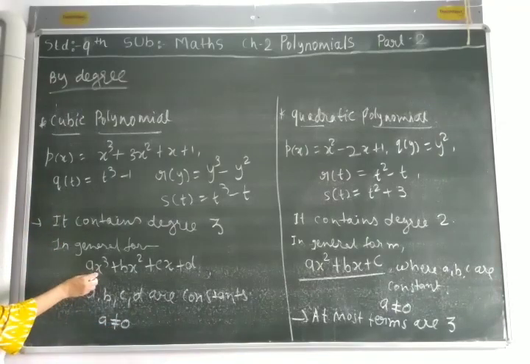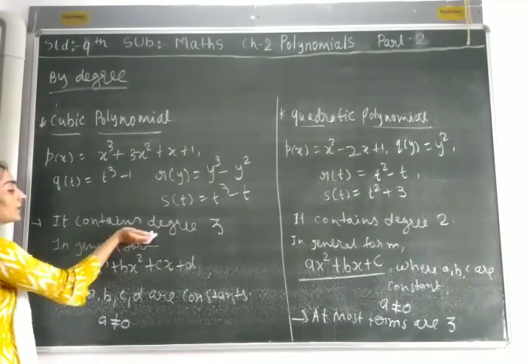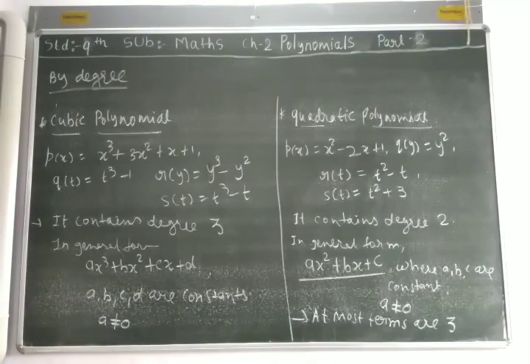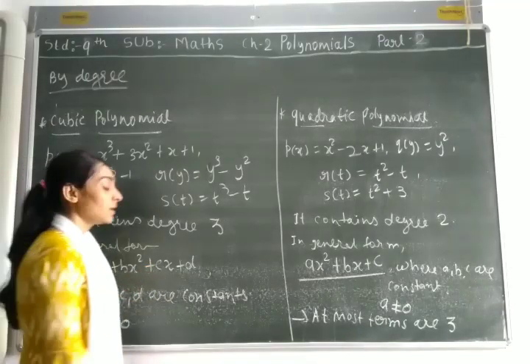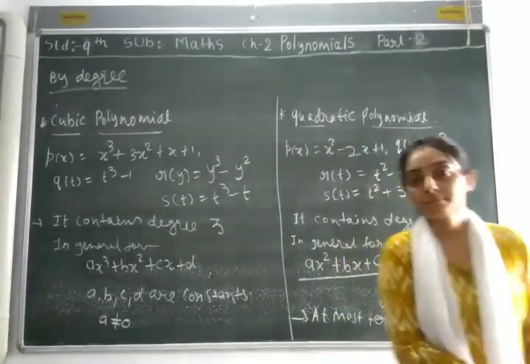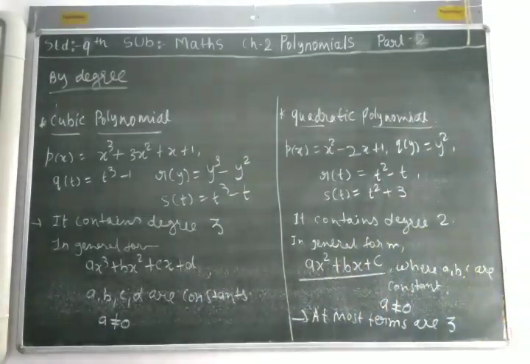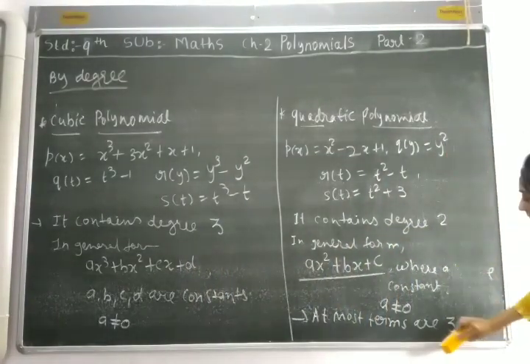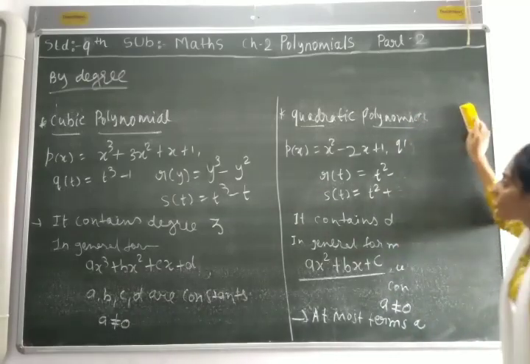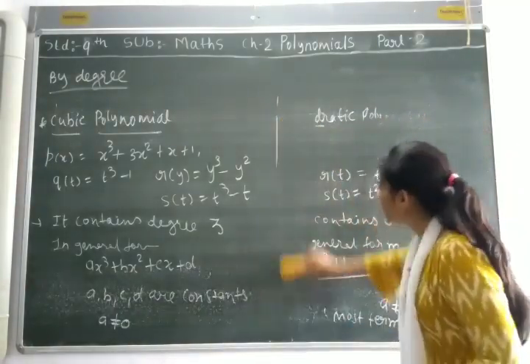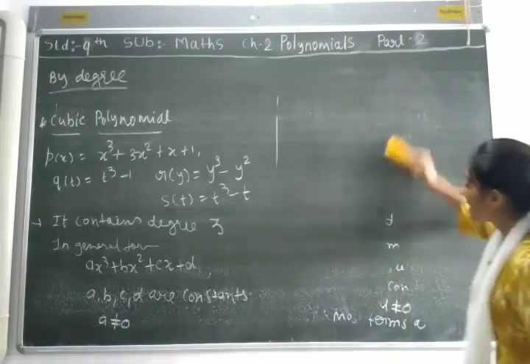If this becomes 0, we do not get degree 3. So my a should not equal 0. Whether b, c, d are 0 does not matter. Okay.